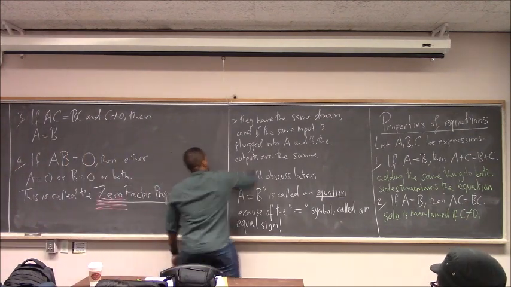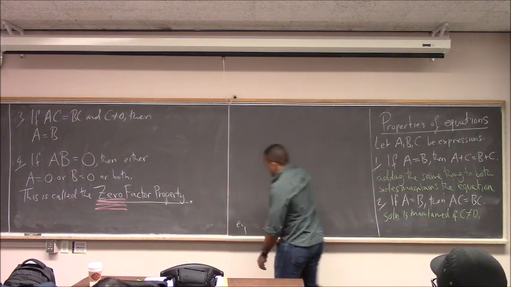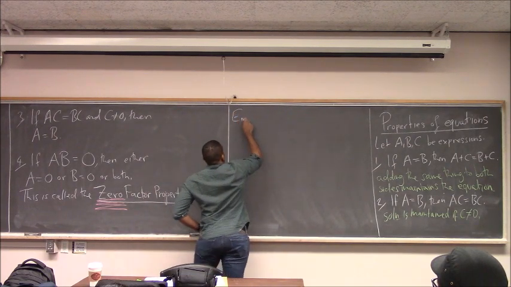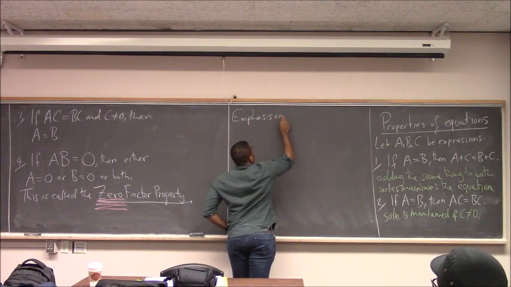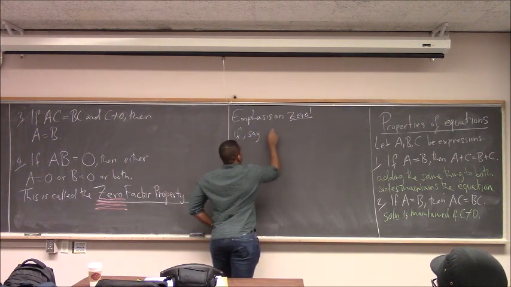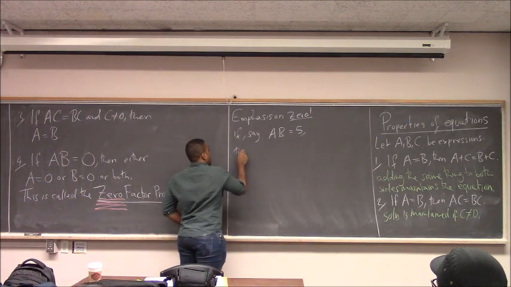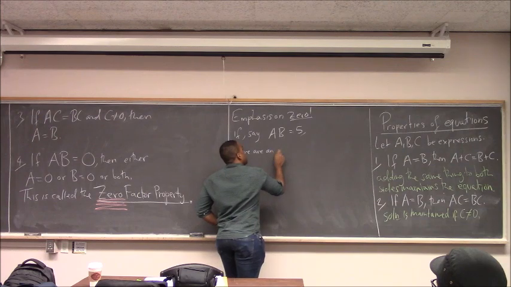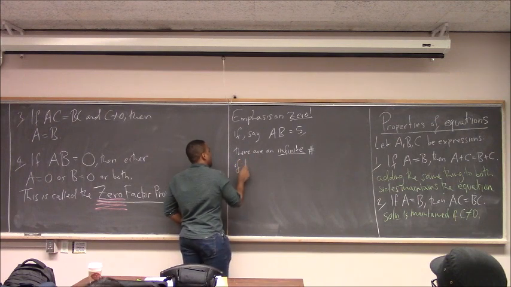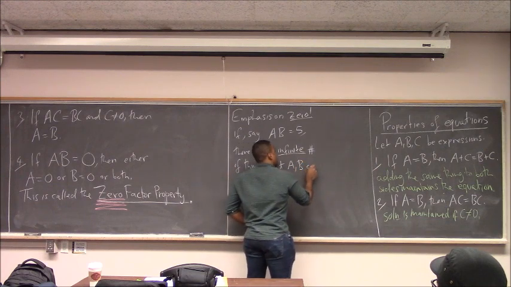So, emphasis on 0. If, say, A times B equals 5, there are an infinite number of things that A, B can be.